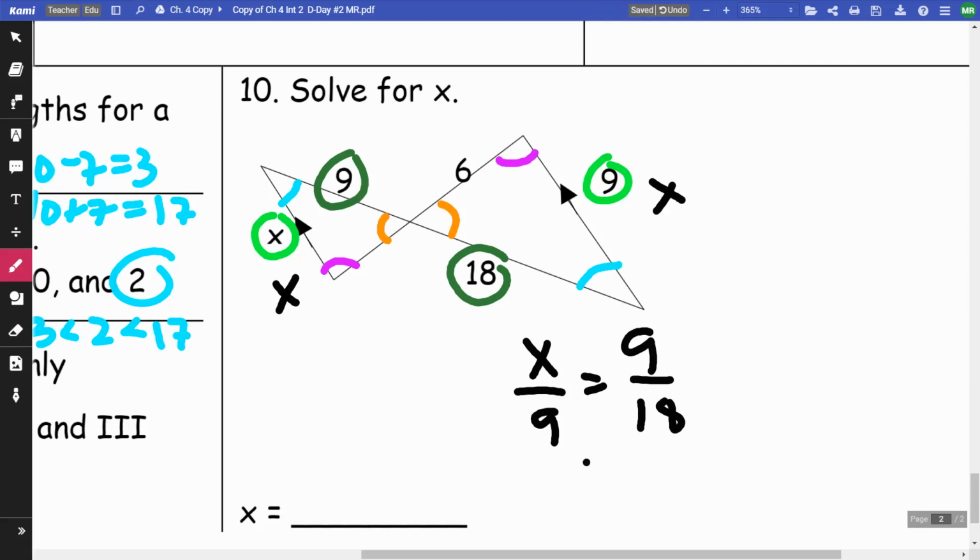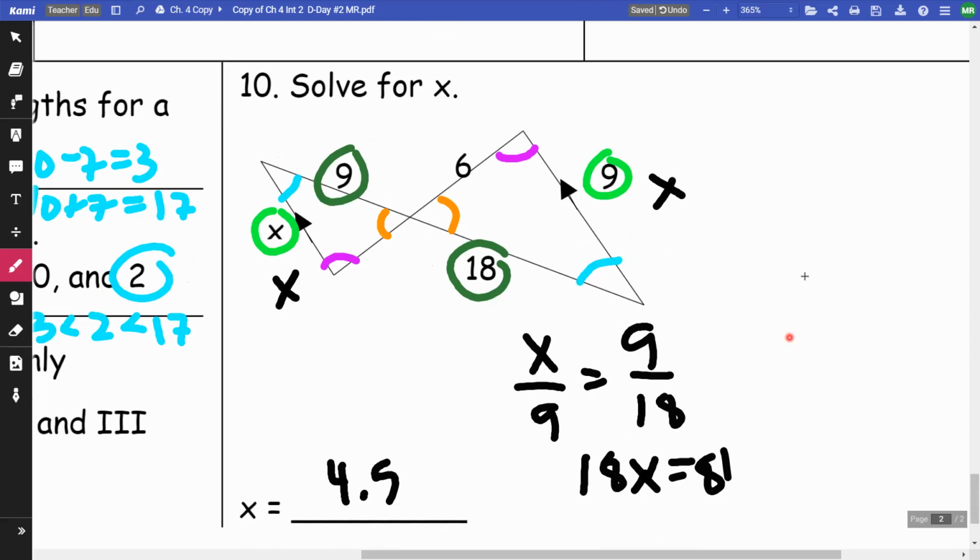And when I cross multiply, I get 8x is equal to 81. And when I take 81 divided by 18, I end up with a 4.5 for my answer. And that's the end of this video.